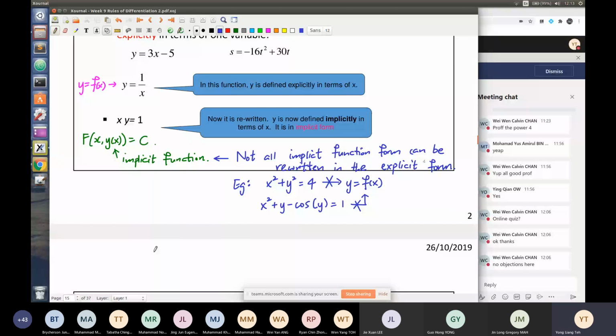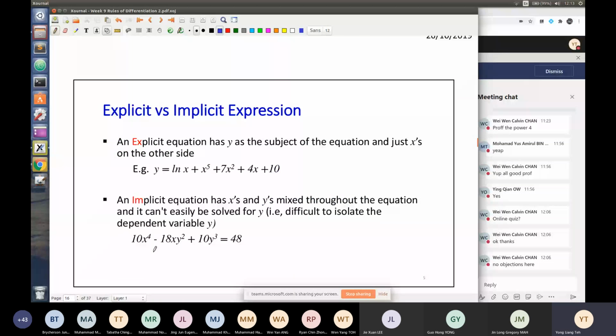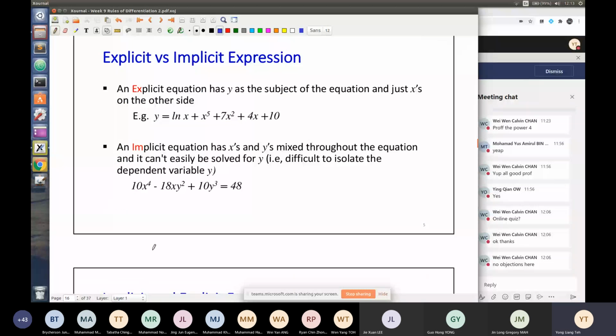Here are more examples of the differences between implicit and explicit. As you can see here, this is explicit: y is isolated and everything else is in x terms. In the implicit function here, x and y are all jumbled up on the left-hand side.